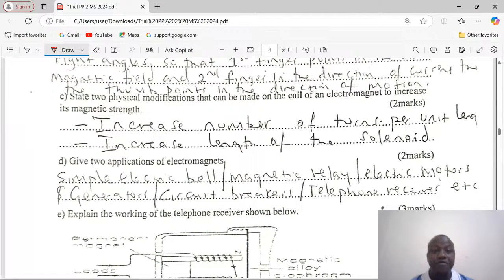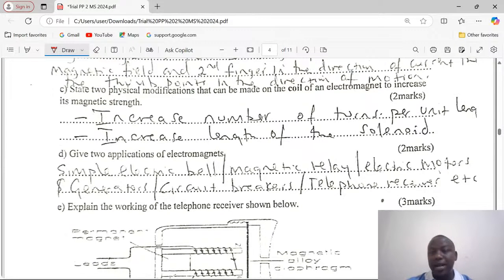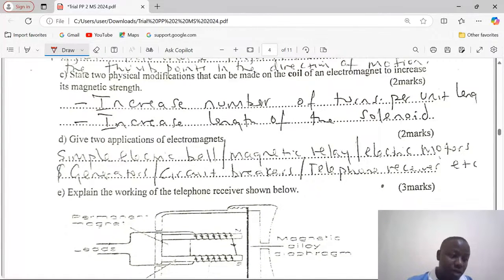State two physical modifications that can be made on the coil of an electromagnet to increase its magnetic strength. An electromagnet is studied in Form 2. When an electric current passes through a conductor, a magnet is created.